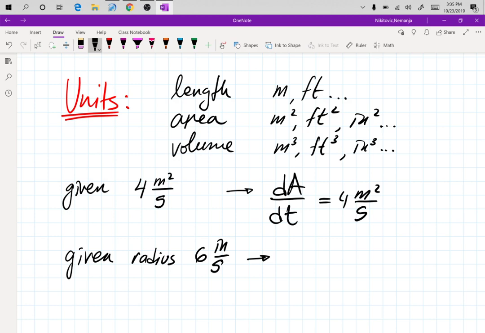It just stays steady. So all rates in here are presented as derivatives. And we just go from there.